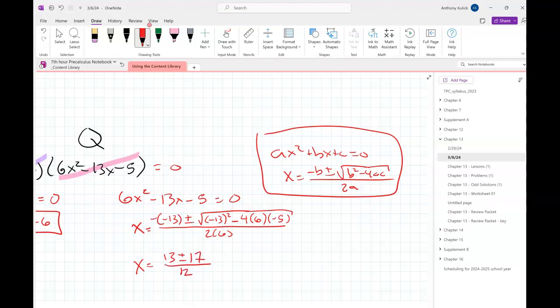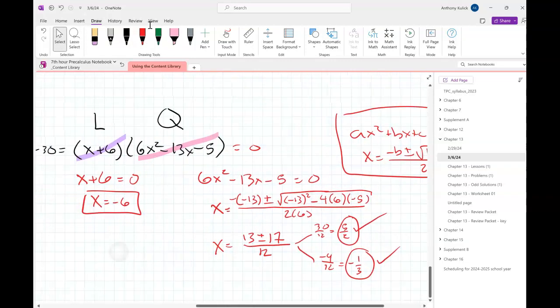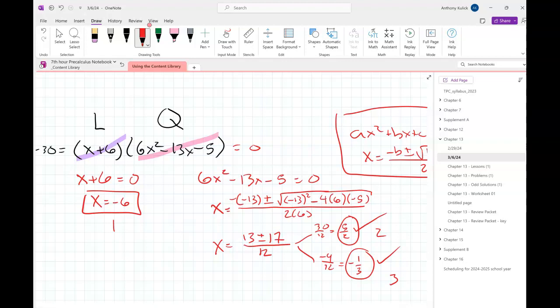You could do that all on your calculator if you wanted to. So 13 plus 17 is 30, divided by 12 is 5 over 2. 13 minus 17 is negative 4, and then over 12, that's negative 1/3. And you take those three together, 1, 2, 3 solutions, and we're good to go.